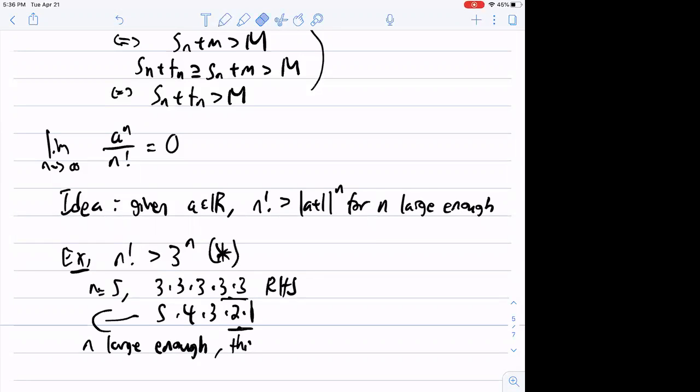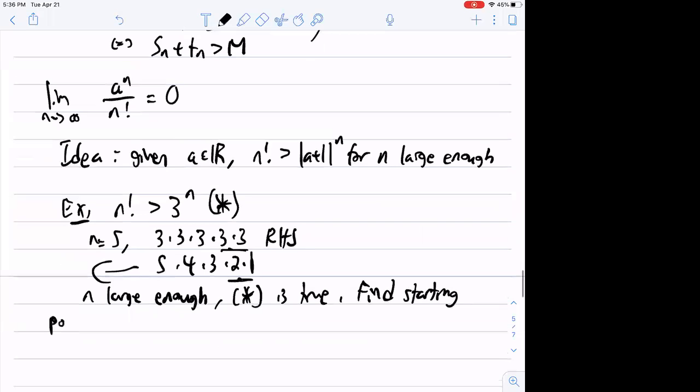Star. If you want to prove it, what you would do is find the starting point where n factorial is bigger than 3 to the n. That will be your base case.